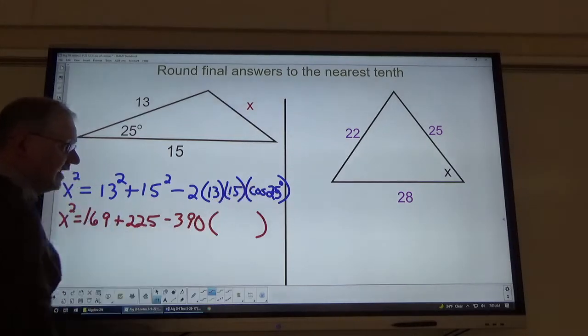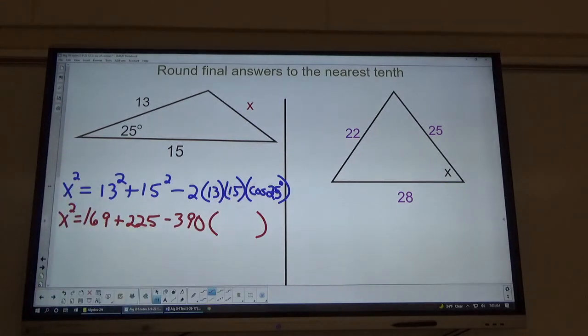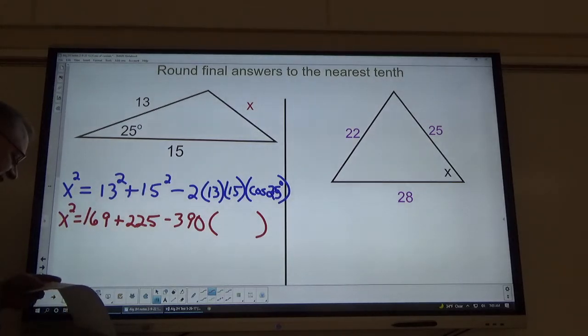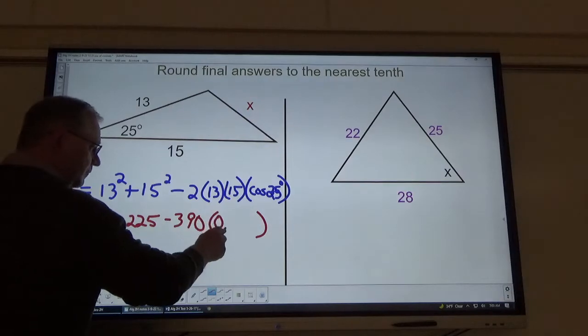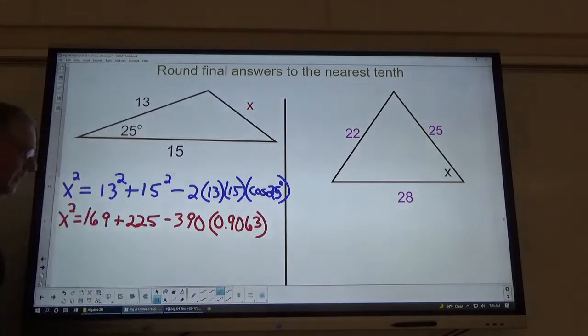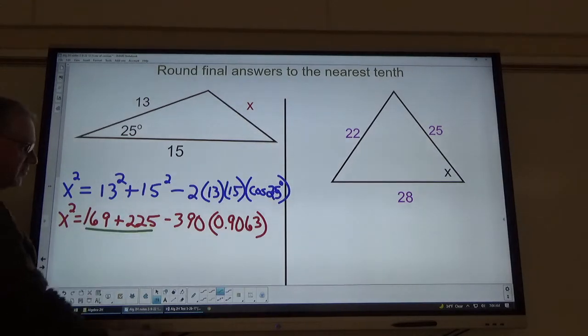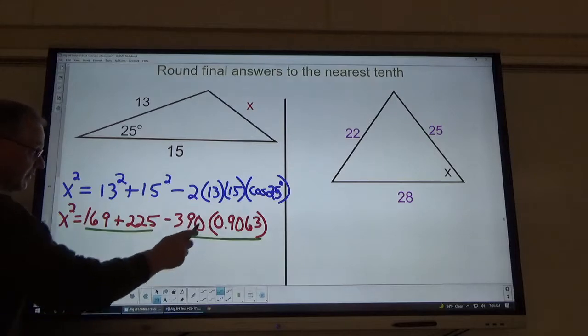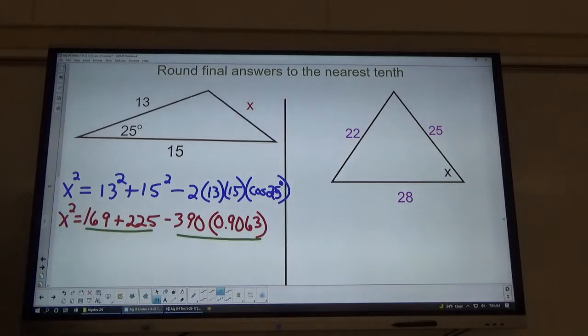And then I can take the cosine of 25 degrees. Now, whenever we take the trig function of a degree, we are going to round it to 4 decimal places. So 0.9063. Next thing I'm going to do is this multiplication, and this addition.